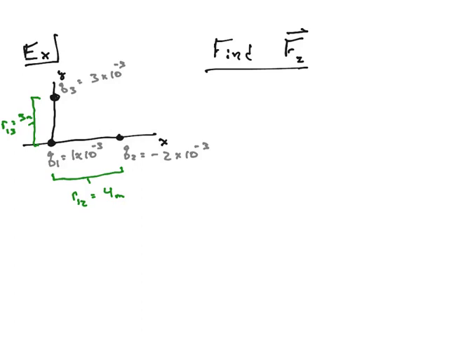All right, so there's our situation. How do we want to go about doing this? Well, the answer is that the total force felt by charge 2 is going to come, thankfully, by a very, very powerful theorem or principle. And this is called the superposition principle.